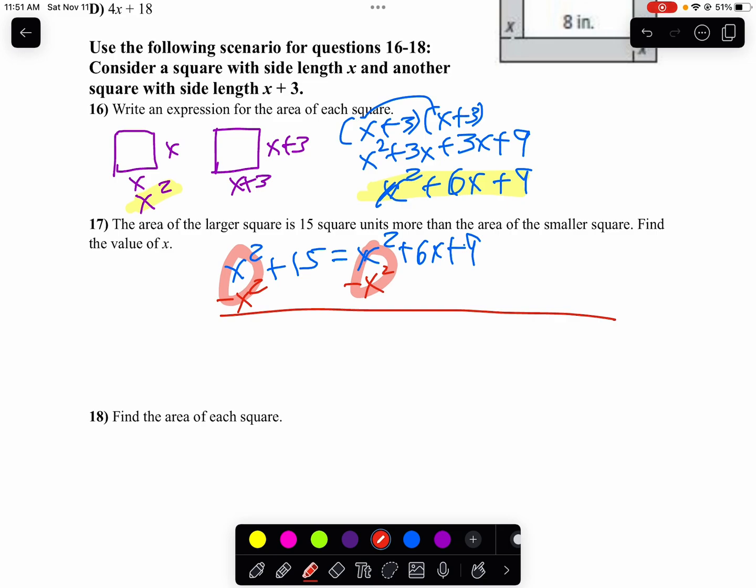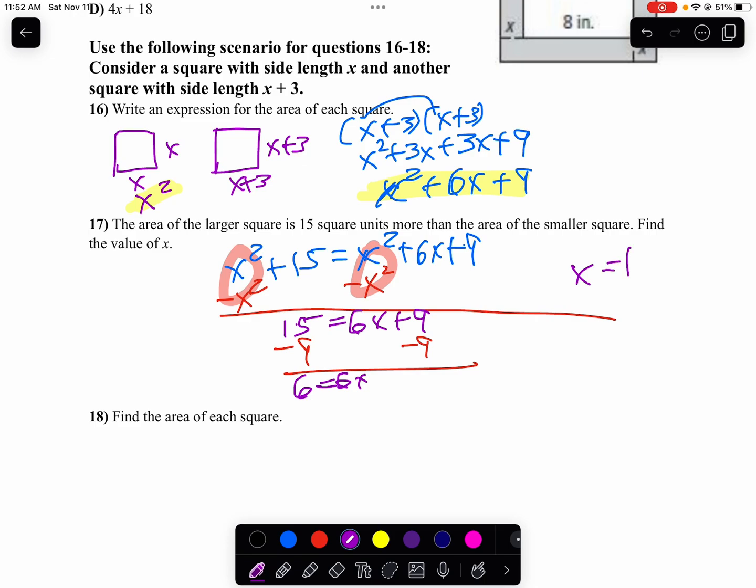So my new problem, bring down the 15, equals 6x plus 9. So now let's subtract 9 from both sides. And we get 6 equals 6x, or x equals 1. Is the value of x.